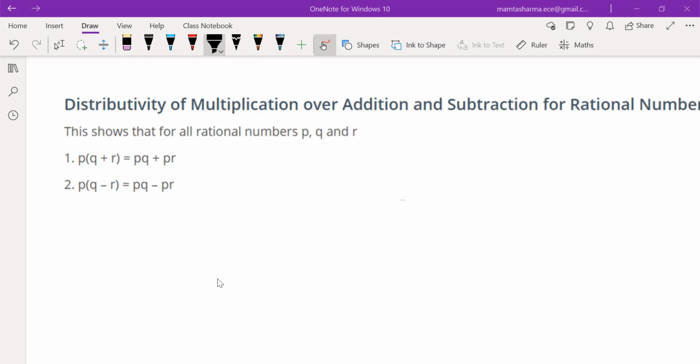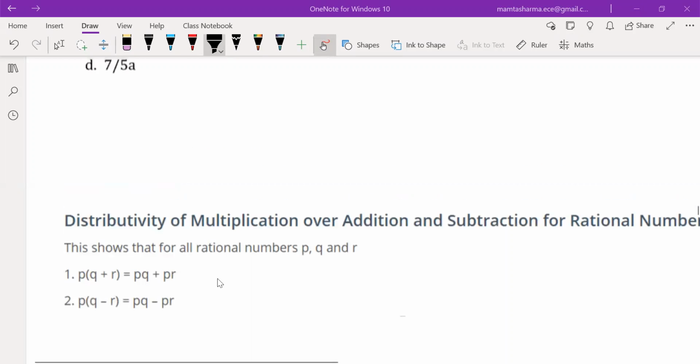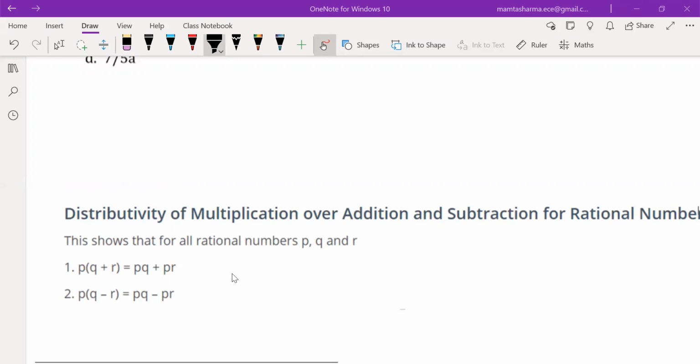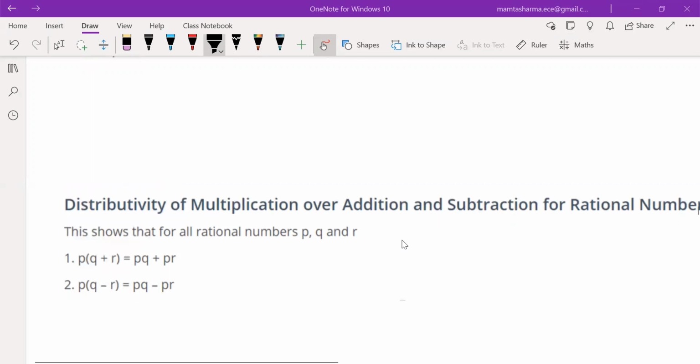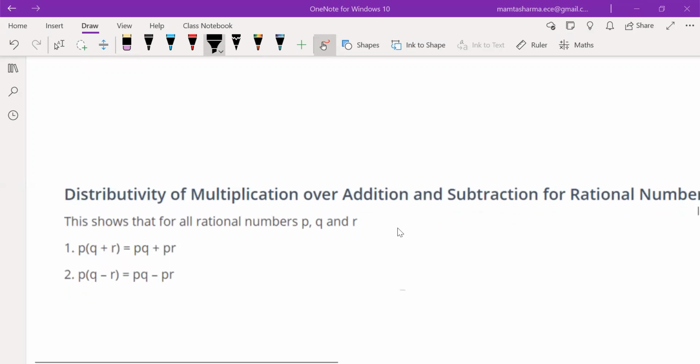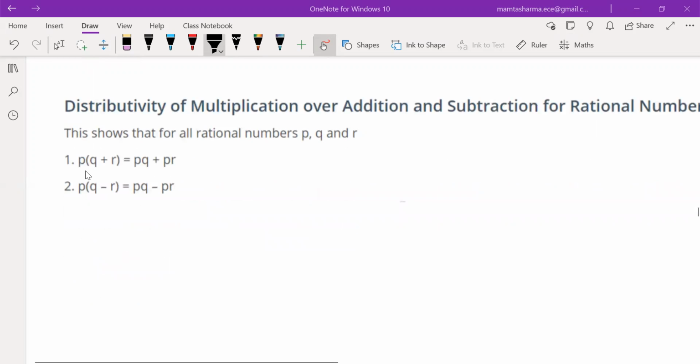Okay, so now come to the next property, distributivity. What is distributivity? Distributivity of multiplication over addition and subtraction for rational numbers. If we write p, q, r in this form, p into (q plus r), using this property we can write this as pq plus pr. And if it is q minus r, then we can write it as pq minus pr.